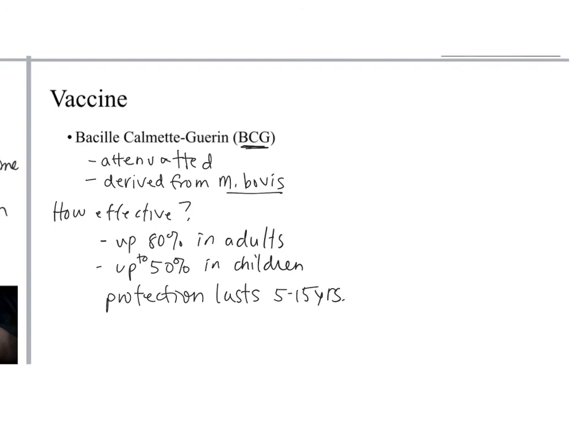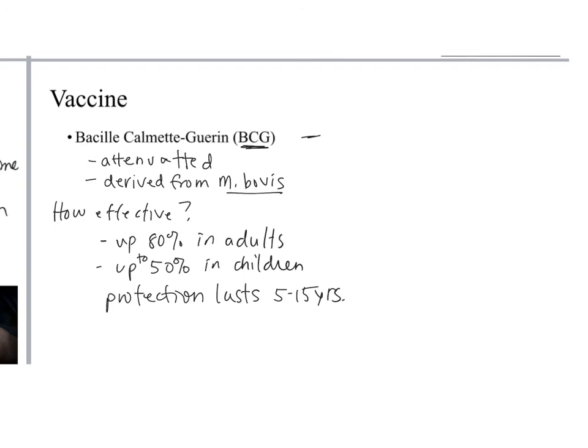We don't give the vaccine routinely to people in this country. It's more often given in countries where the incidence is higher. We might give it in this country if someone is living with somebody that has TB. Again, if you've had the vaccine, then you're going to test positive for the skin test.